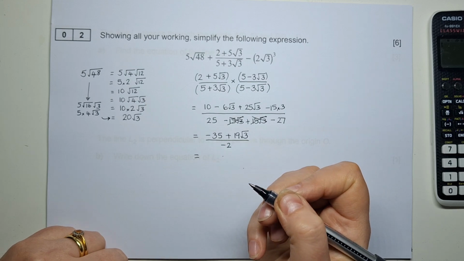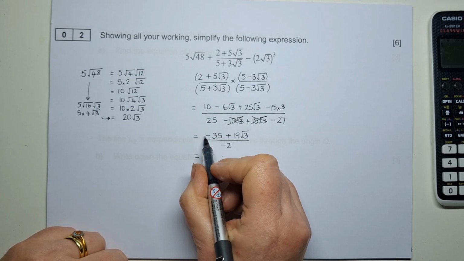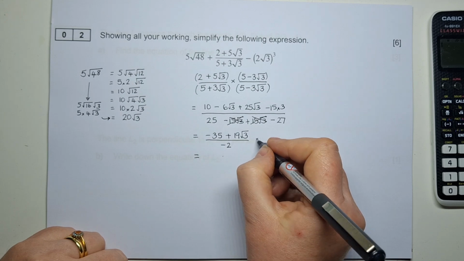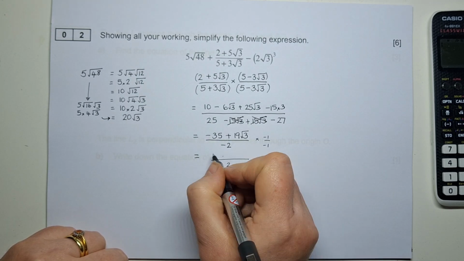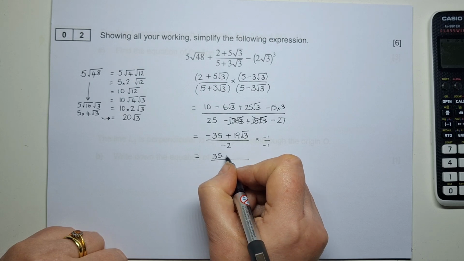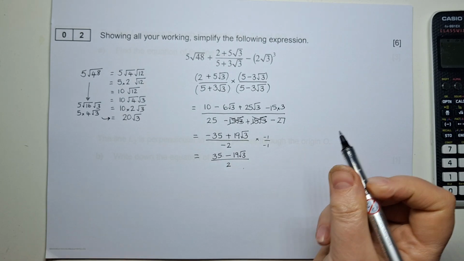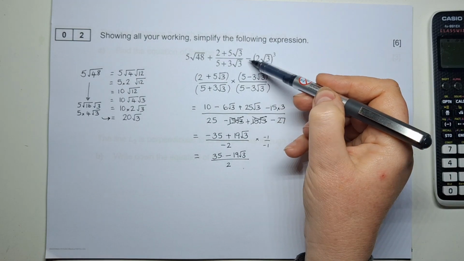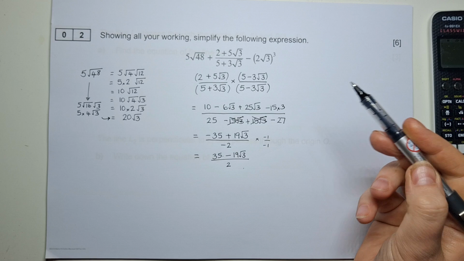So let's deal with the minus sign: if I times top and bottom by minus 1, that's going to turn that into a positive 2. It will turn that into a positive 35 and that into a negative 19 root 3. And again, you can check the original surd on the calculator, which will jump straight to the answer.